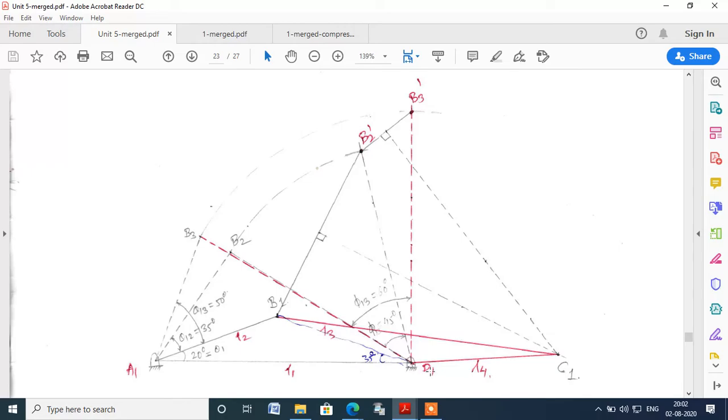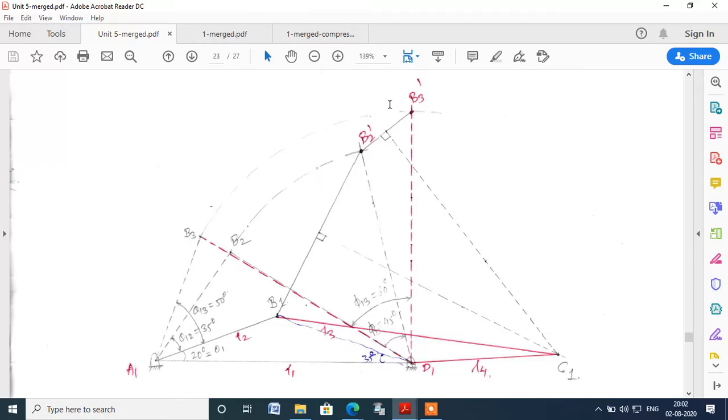Now with reference to B2 D1, take the angle phi 12, that is 45 degree. So we take angle 45 degree with reference to the B2 D1 line, and from that draw a dotted line. This line and this arc meet somewhere; mark that intersection point B2 dash. Next procedure: join B3 D1, take distance B3 D1 in the compass with D1 as center, and draw an arc.